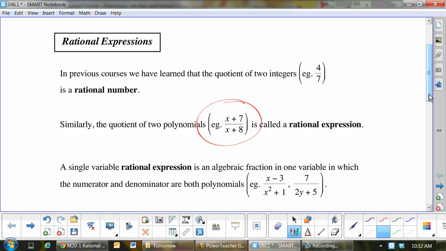It's undefined. So any number that makes the bottom equal 0 is called a restriction, or a non-permissible value.